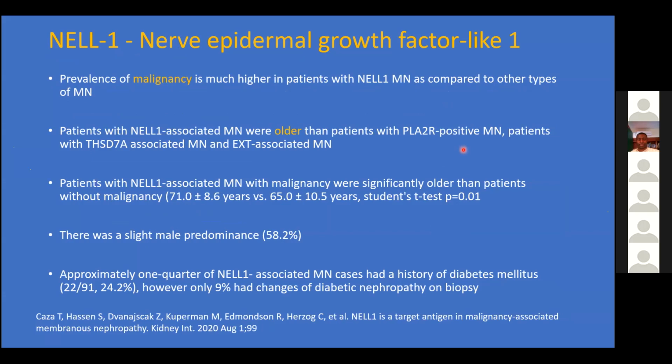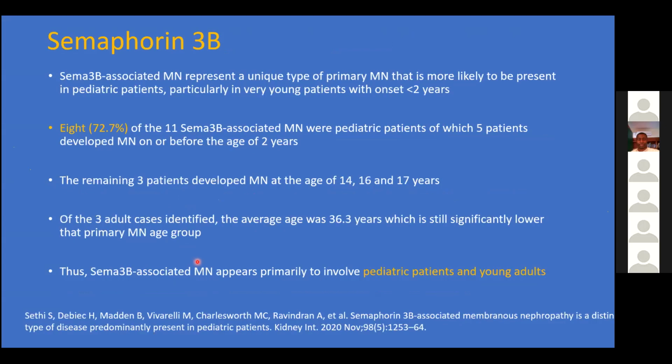In that study, it was documented that the mean age is 71 years, and there was a slight male predominance of 58.2%. Approximately one quarter of NELL1 associated membranous nephropathy had a history of diabetes mellitus, however only 9% had changes of diabetic nephropathy on biopsy.